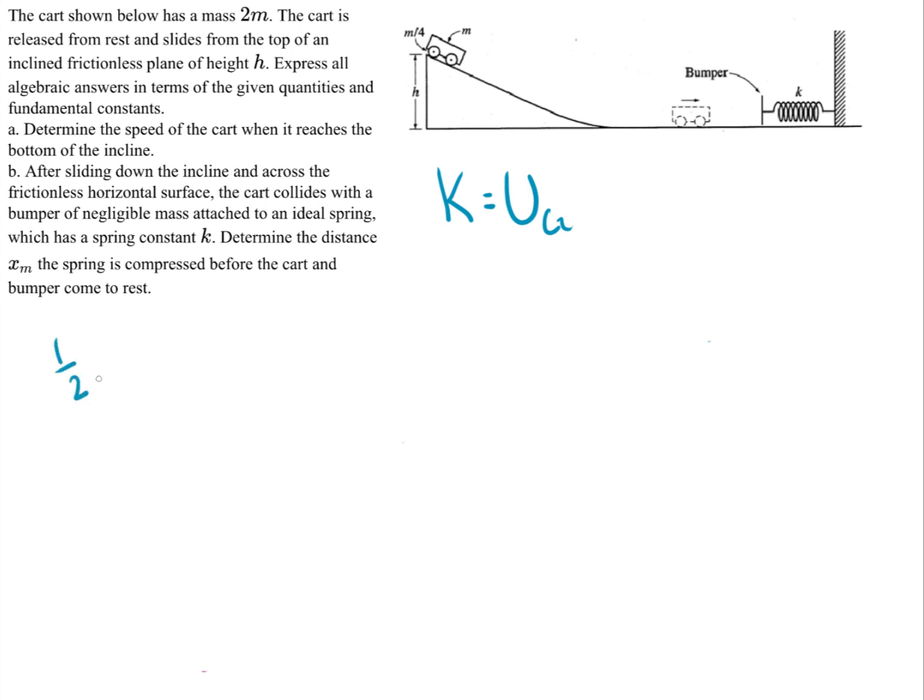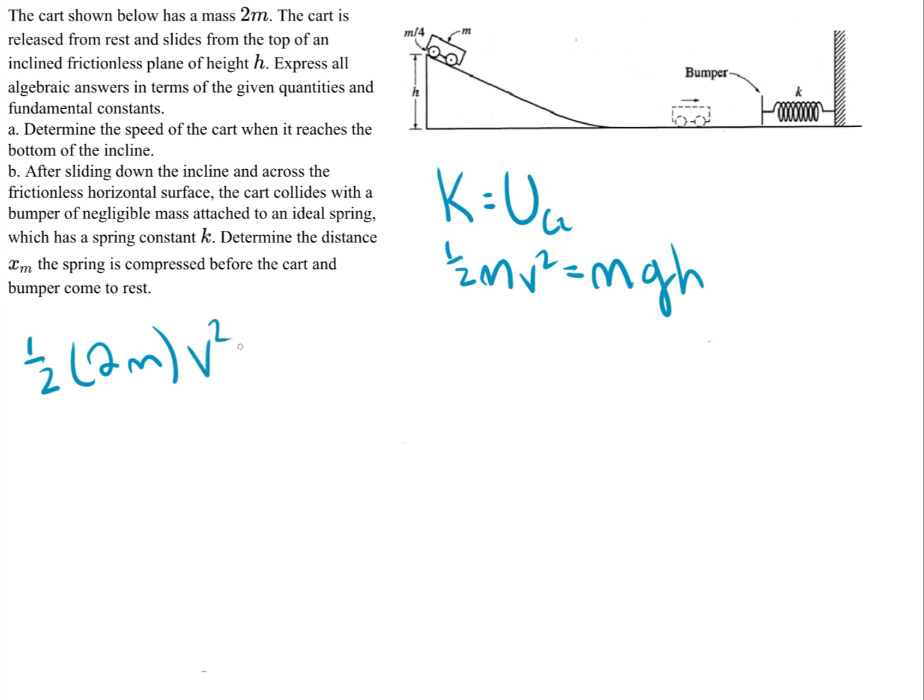So we know that the kinetic energy is given by 1/2 mv squared, and the gravitational potential energy is given by mgh, where h is the height off the ground. So this becomes 1/2 times 2m, since the cart has mass 2m, so you've got to be careful, times v squared. That is equal to 2mgh.